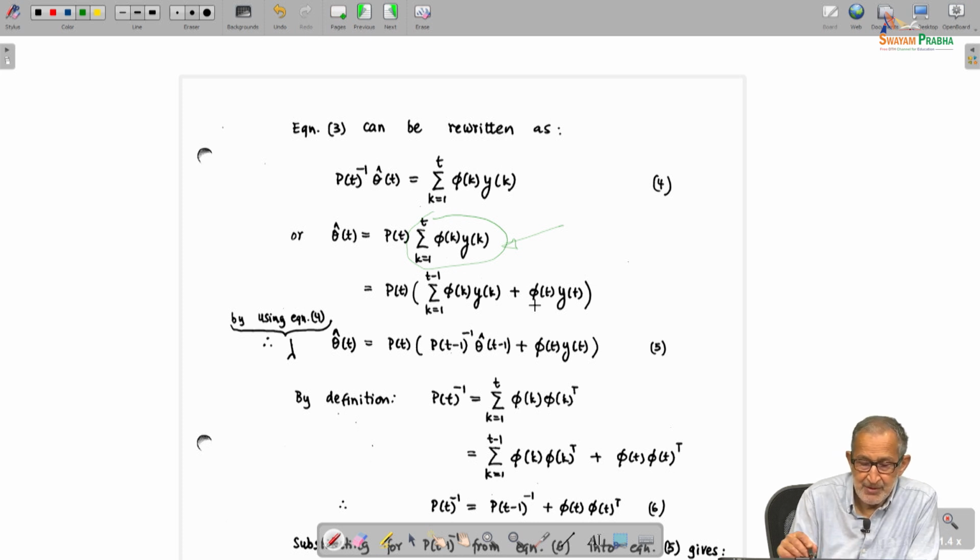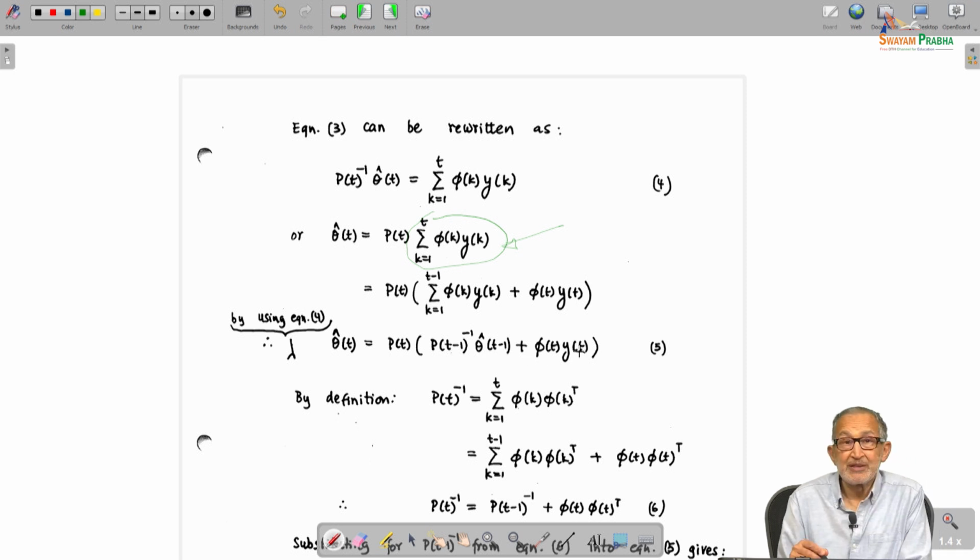And by using equation 4, theta t, we can change the summation from k equals 1 to t minus 1 and substitute this here. So we would get P_t times P_{t-1} inverse times theta hat t minus 1 plus phi times y of t.